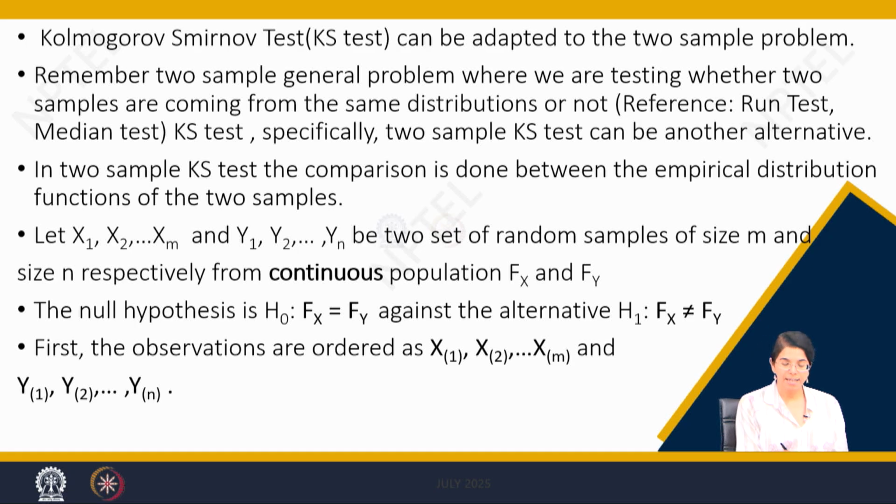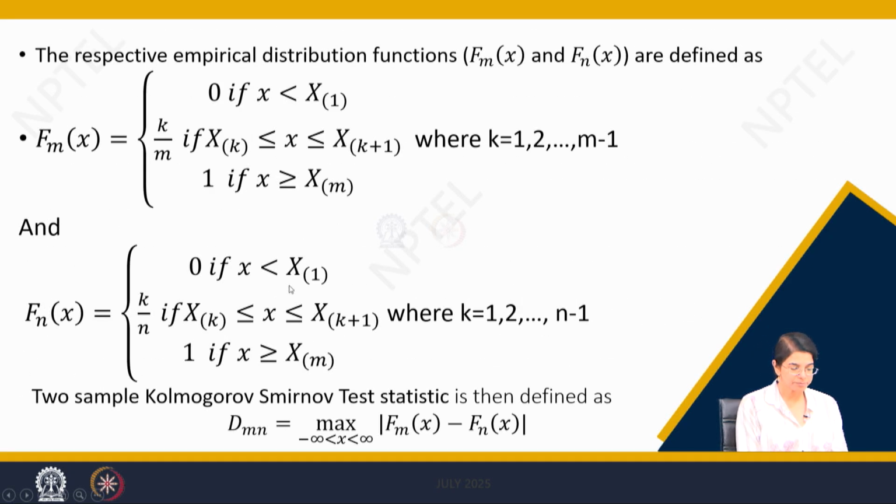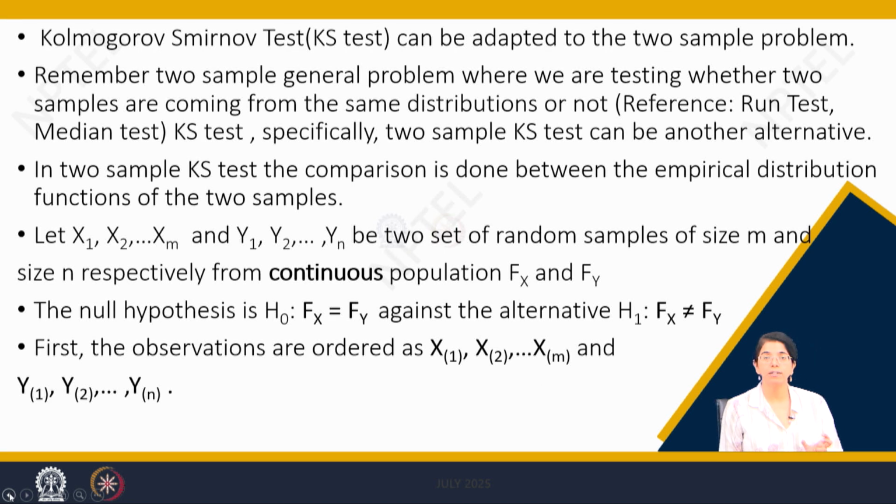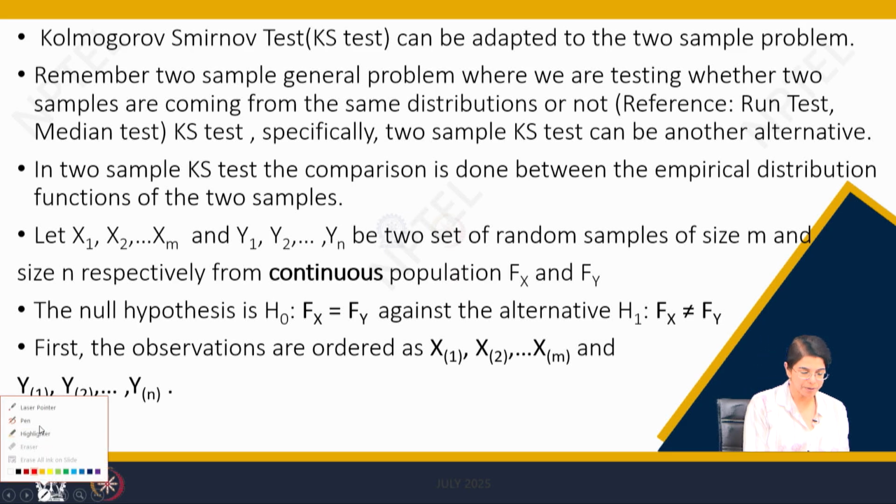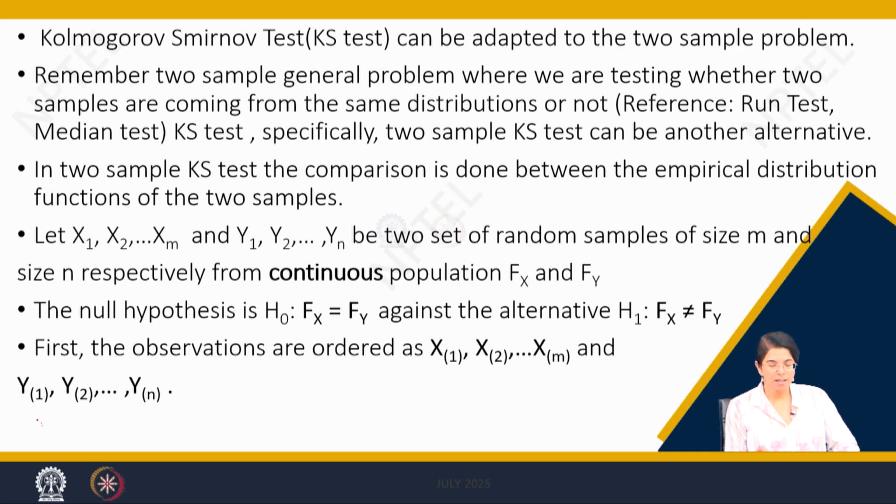Remember that you have to make the assumption of continuous populations. This is the essential assumption you have to make. The distribution function for the x observations is Fx, and for the y observations is Fy. The null hypothesis is Fx equal to Fy, and the alternative hypothesis is Fx not equal to Fy.